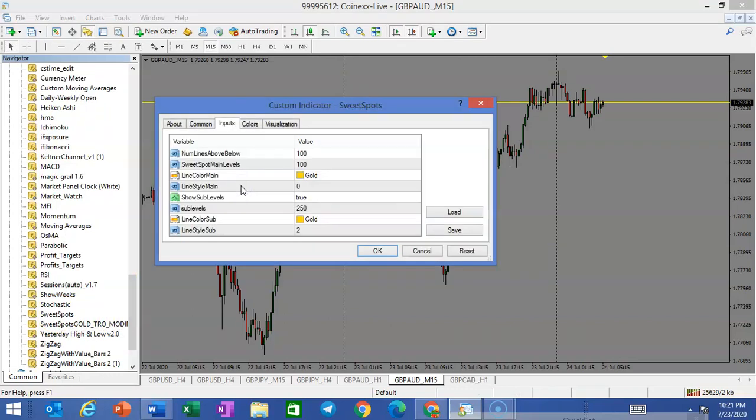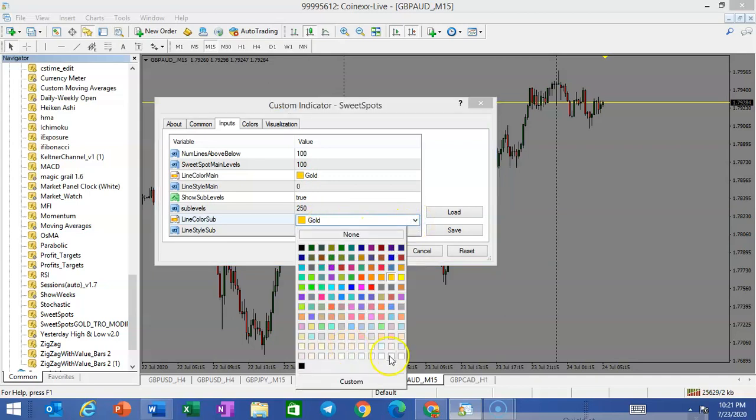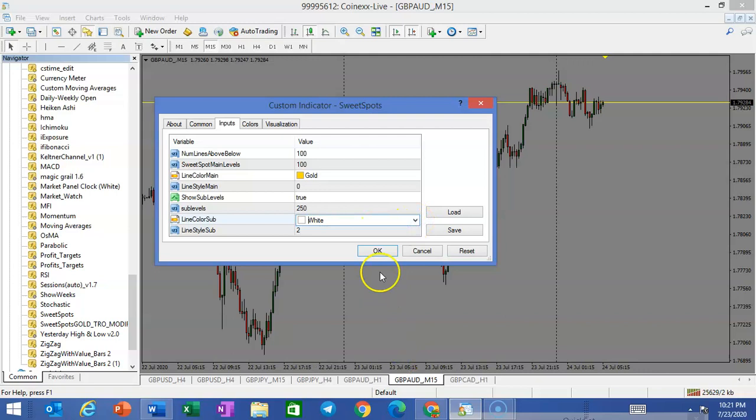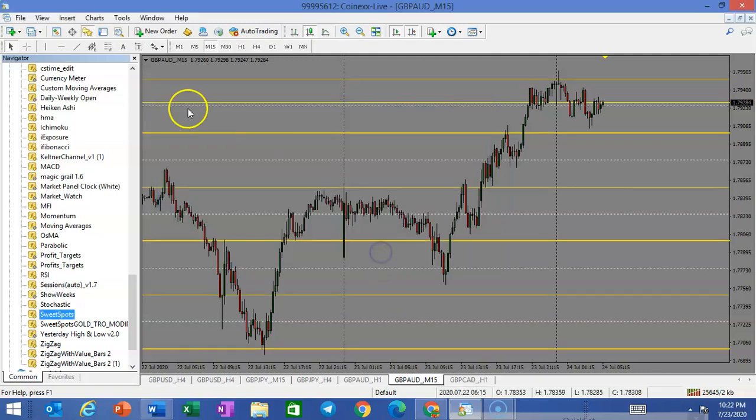So you want your values to be 100, 100, and 250. I like the main color gold, and I usually make the sub color white. And just press OK.